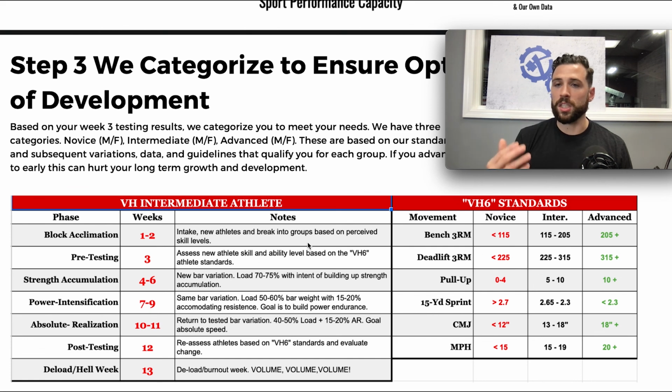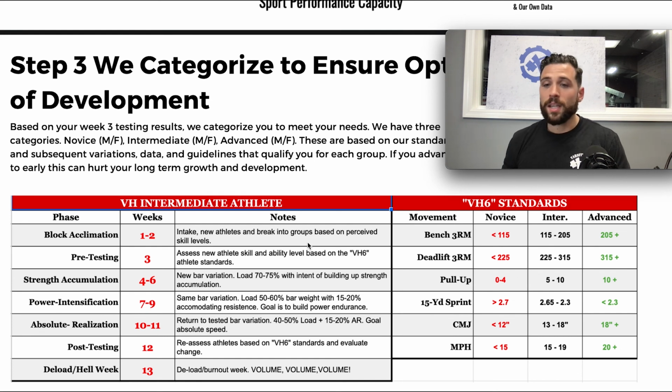You create your 6 standards. And now if you're a novice, intermediate, advanced, here's where you fall with your upper body strength, your lower body strength, your relative test, a 15-yard sprint, a counter movement jump in miles per hour. So if you're a novice, your miles per hour is probably 15 through 15 yards, 15 miles per hour. In intermediate, 15 to 19 through 15 yards.